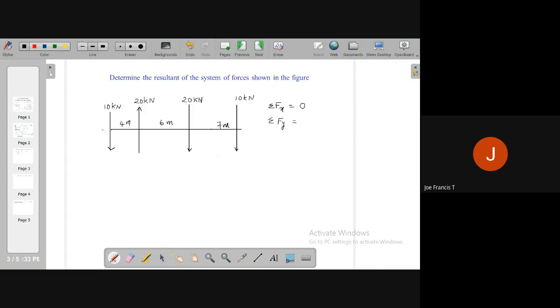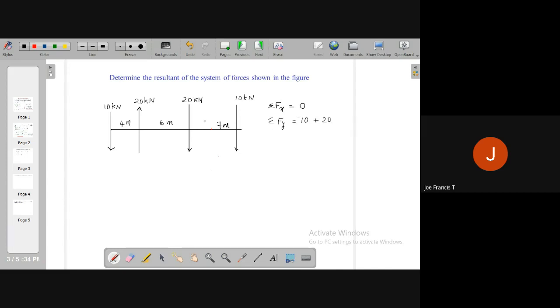So if we add all the forces, we can write it as 10, which is acting upward, it's positive. Sorry, that is minus. It is minus sign here. Right? 10 acting downward, minus 10, plus 20 acting upwards. Right? So 20.